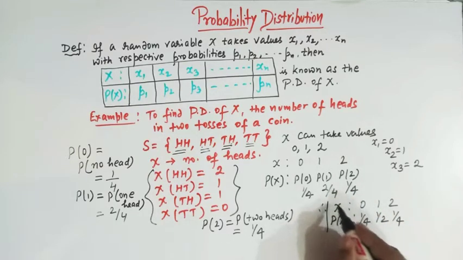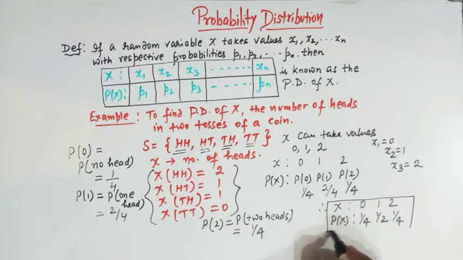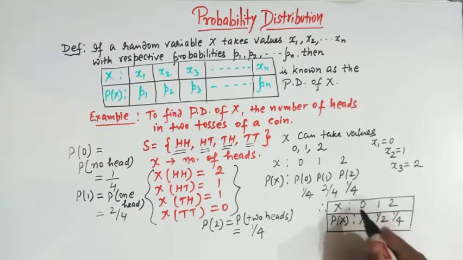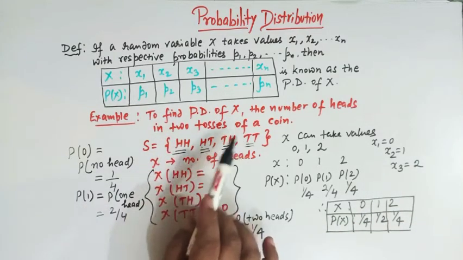So this is the probability distribution for the experiment of two tosses of a coin.